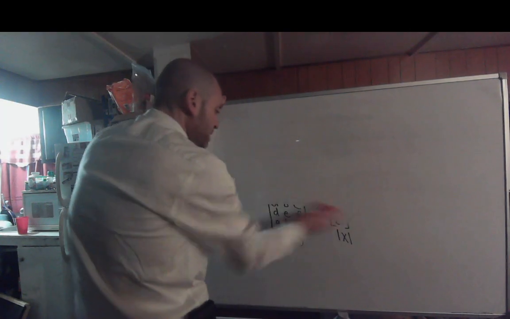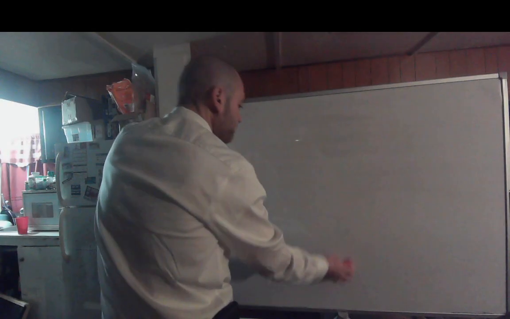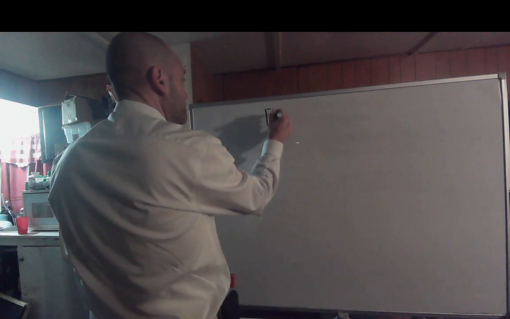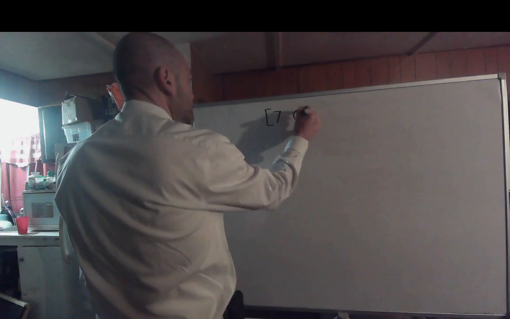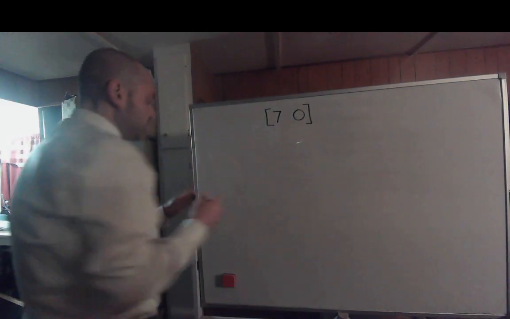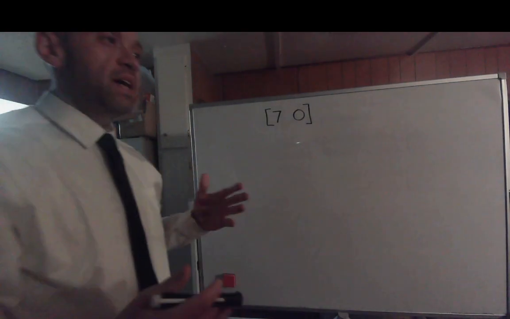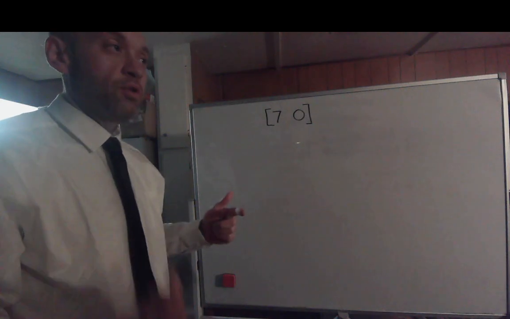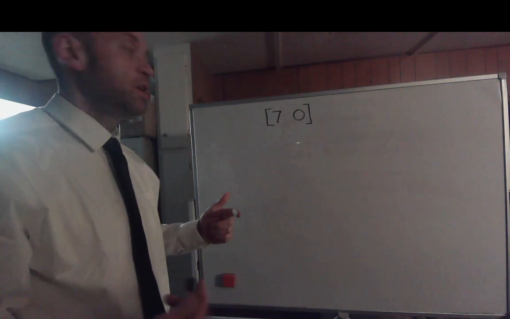That's some of the first basics of it. So let's go ahead and get into classifying some matrices. I just have a matrix with 2 entries, 7 and 0. Again, we always classify a matrix by the number of rows times the number of columns.